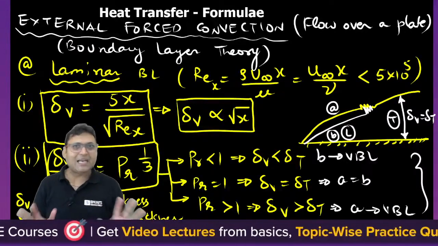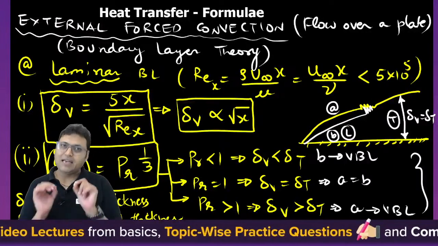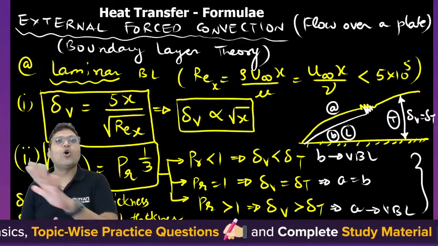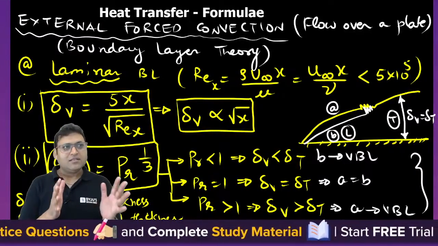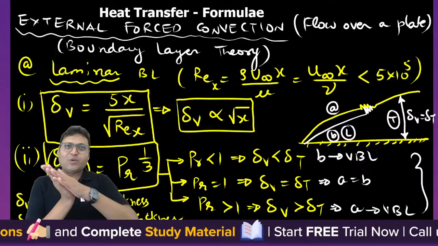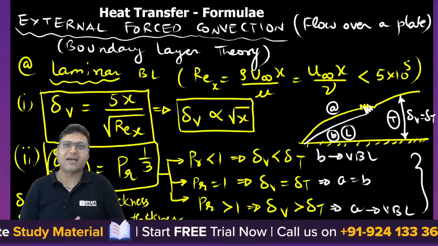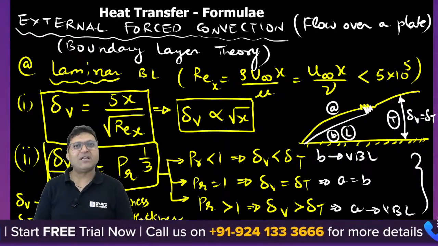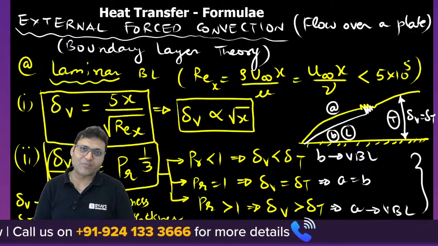So Prandtl number has nothing to do with the type of the flow. But in case of laminar flow, the flow is organized, such that the fluid particles are sliding one over another. That is why there is a difference in the growth of velocity boundary layer and thermal boundary layer.